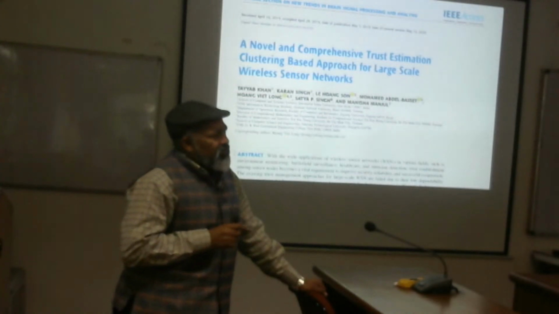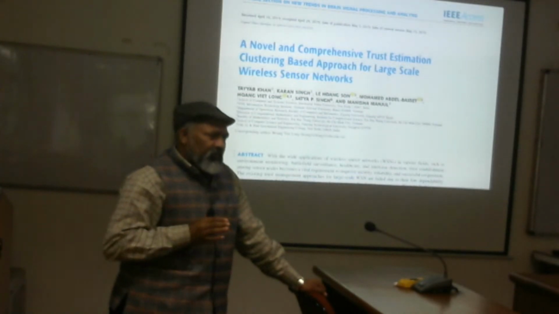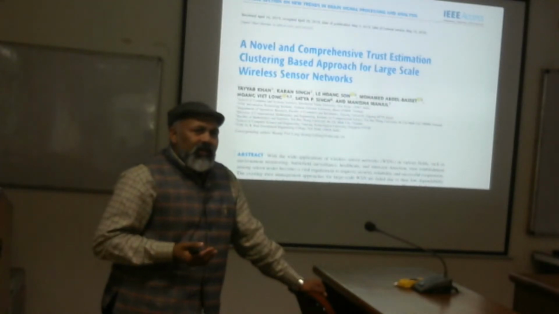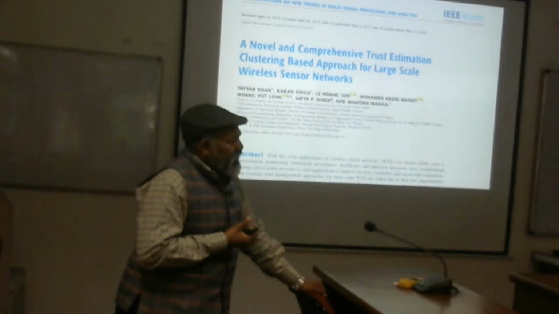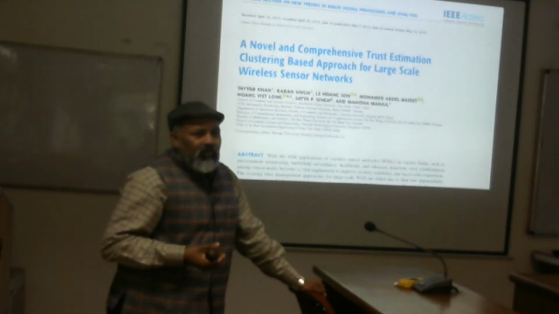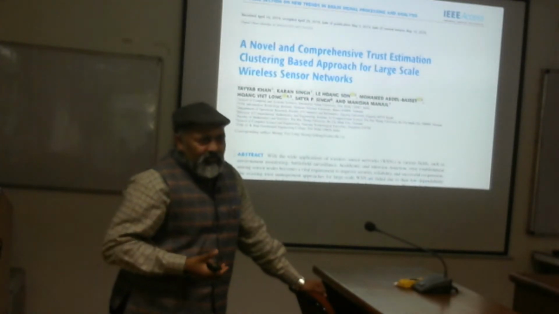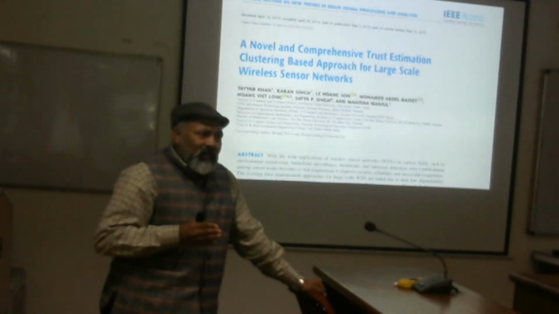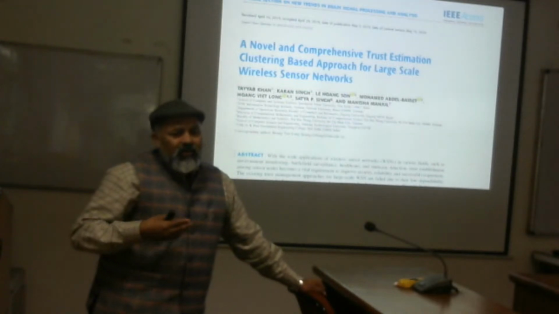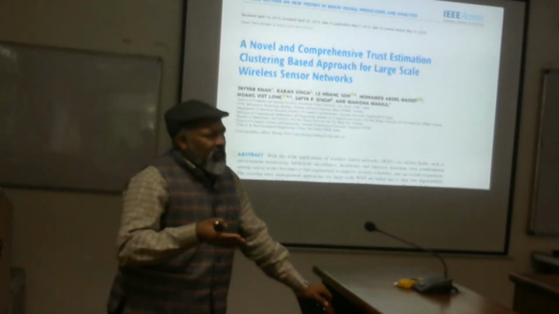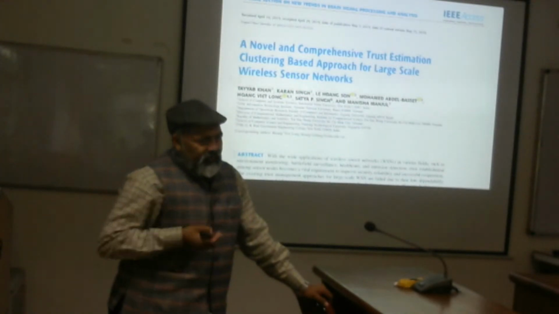Suppose you publish your paper in Nature, the impact factor may be 50. Suppose it is a journal related to medical, chemistry, physics, or biotech, the impact factor may be 50. But in general, in computer science, the maximum impact factor is 10 or 20.